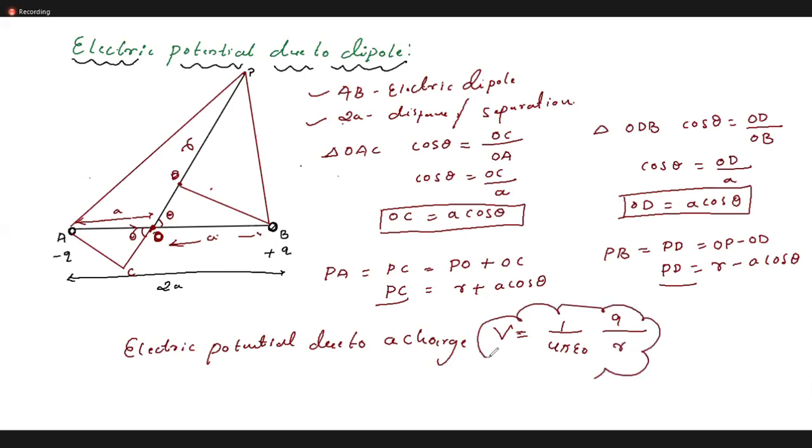Yes. Then tell me V1: 1 by 4 pi epsilon naught, charge and distance PC, plus V2, where the next charge is minus and the distance PB is R minus a cos theta.